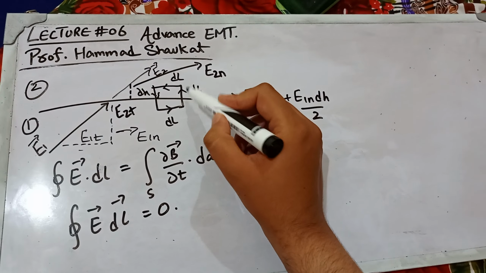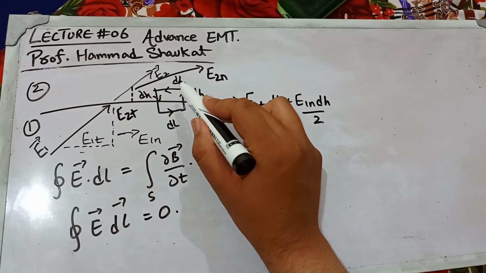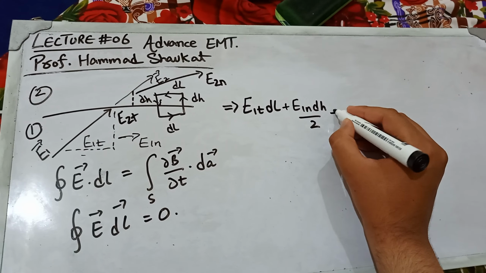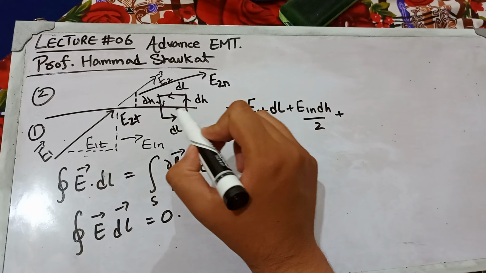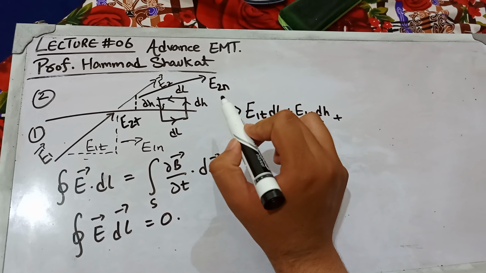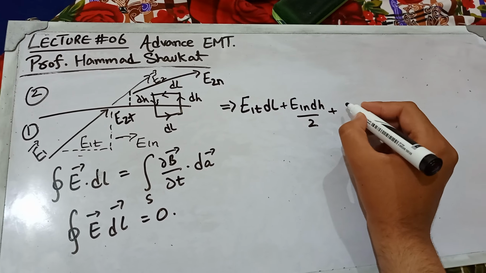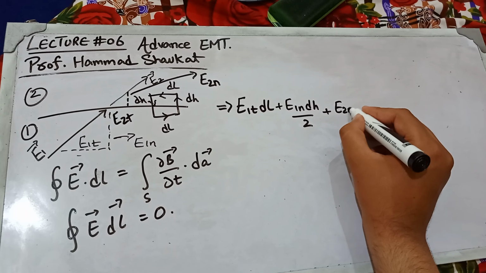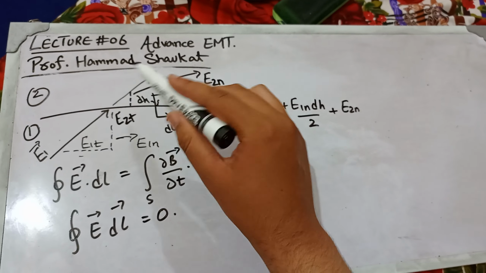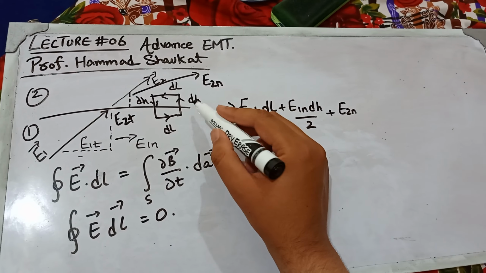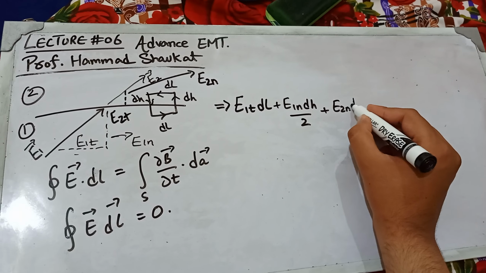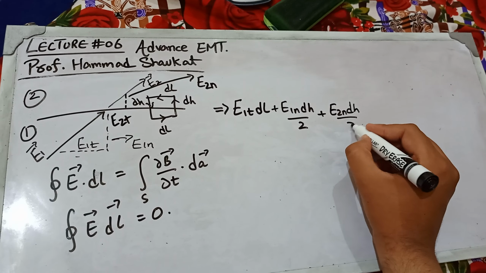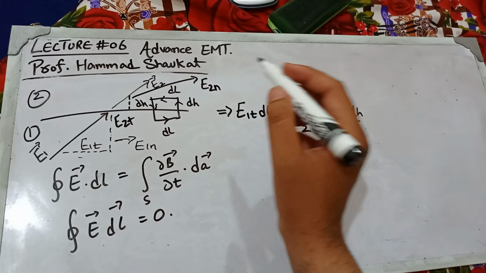Similarly, half in the second medium, so you can write here e2n, the normal part in the second medium, and it's half of the dh, again dh divided by 2.